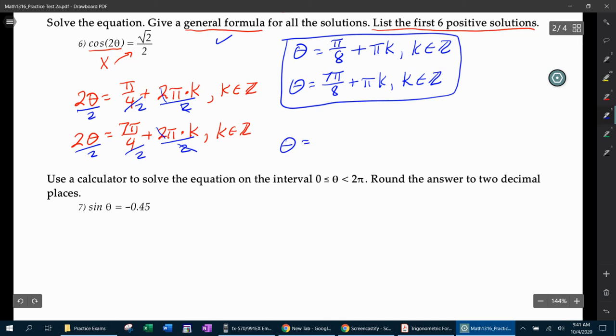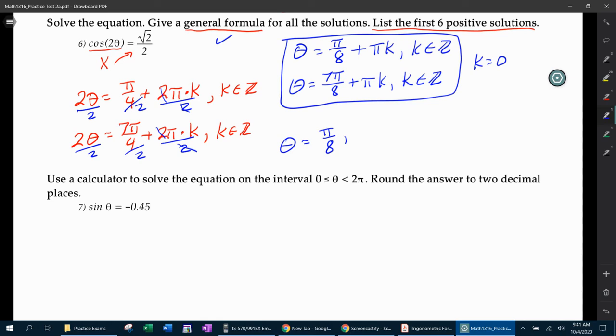And then I'm going to need to list the first 6 positive solutions, okay? So pi over 8 would be the first positive solution. And the way I know that is because I'm going to plug in 0 for k first. K is an integer. If I plug in a 0, 0 times pi gives me 0. 0 plus pi over 8 would be pi over 8.